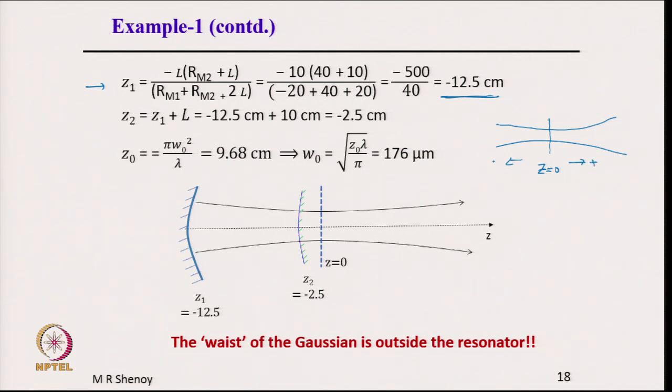So, this is the plus side, this is the negative side. That is how we have got Z1 equal to minus 12.5, which means your first mirror is on the negative side, on the left side, and Z2 is equal to Z1 plus L, L is given as 10 centimeter, which means it is minus 2.5 centimeter, which means the second mirror is also on this side.